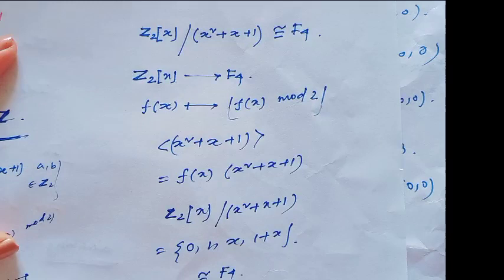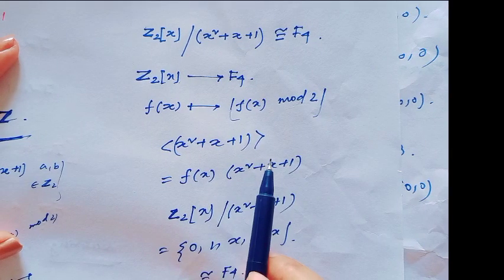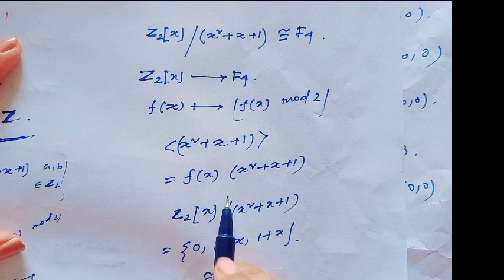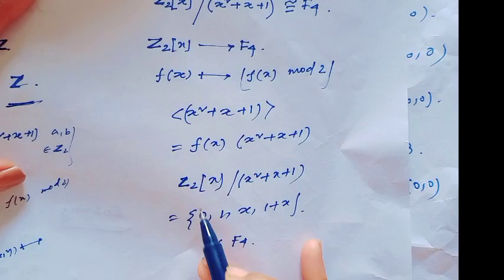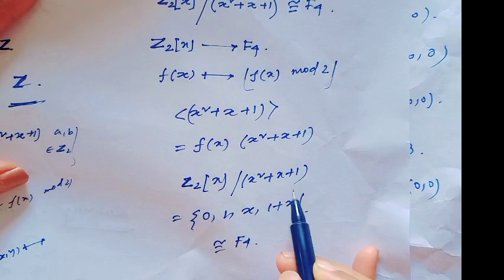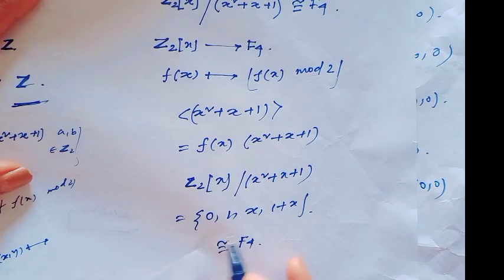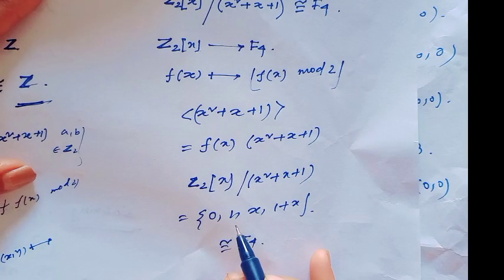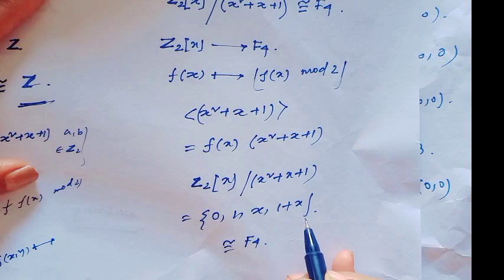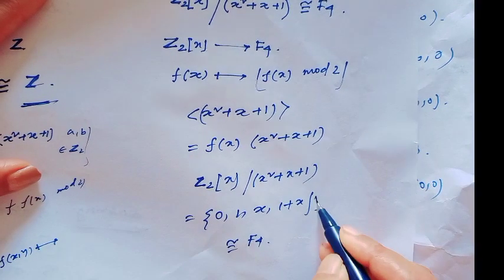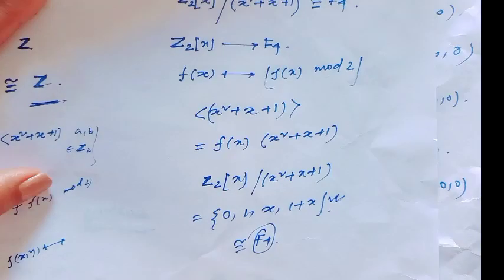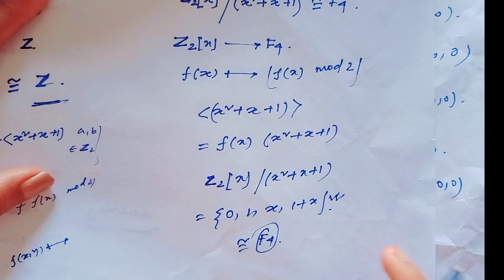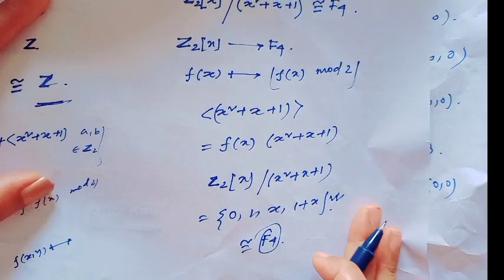The ideal generated by x square plus x plus 1 is f(x) times (x square plus x plus 1). Then Z2[x] modulo x square plus x plus 1 means the set containing the elements 0, 1, x, x plus 1, and obviously this is isomorphic to F4, a field containing 4 elements.